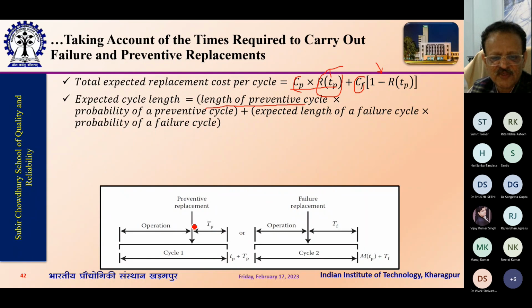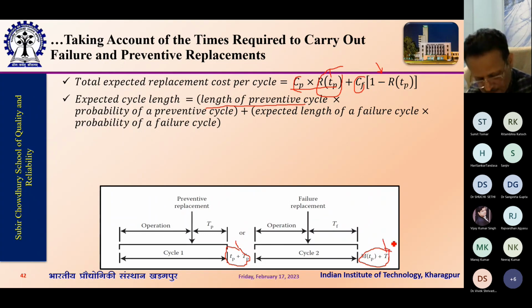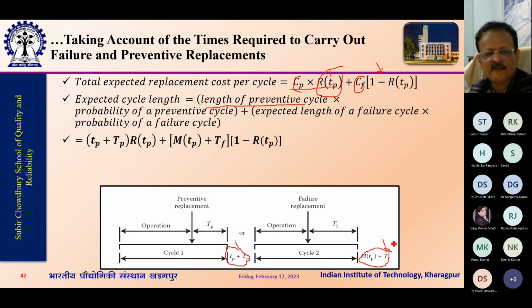Now see, the length of the preventive cycle becomes this way, and the length of the failure cycle becomes this way. So multiply each cycle length with its probability of occurrence, and you will get the denominator.